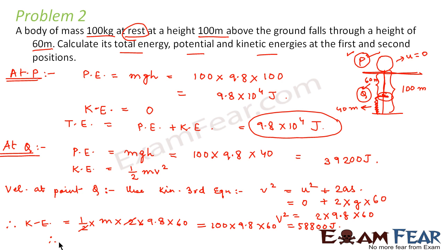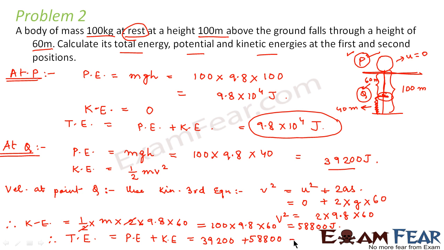Therefore, the total energy at point Q will be equal to potential energy plus kinetic energy. So the potential energy was 39200 plus the kinetic energy was 58800.